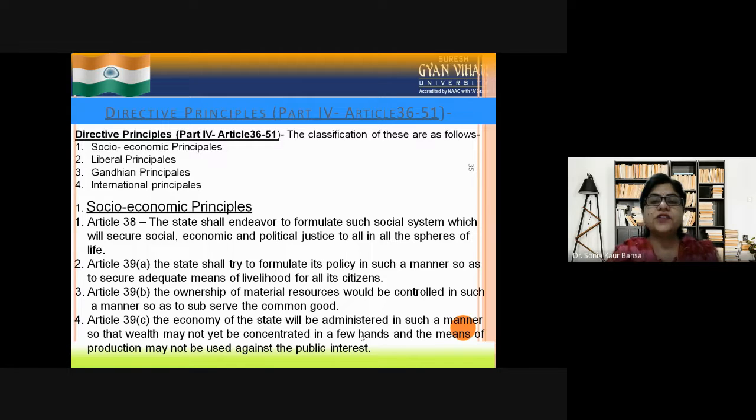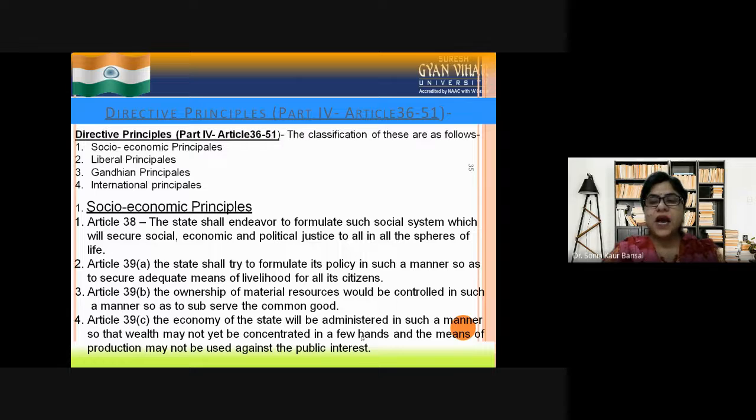The classification of these is as follows: number one, socioeconomic principles; number two, liberal principles; number three, Gandhian principles; number four, international principles. Now we will see these articles in these four parts. So first of all, let's discuss socio-economic principles.